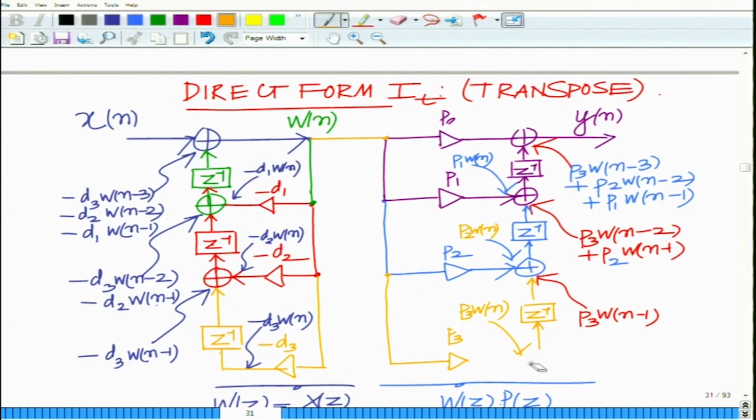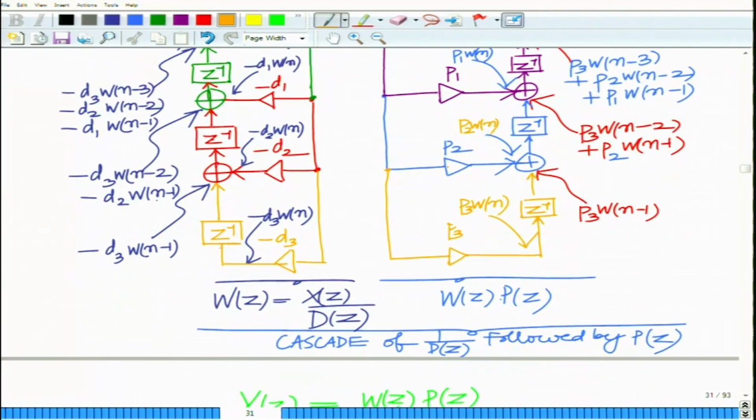So, you just join this here, and what you have is basically, you can see you have 6 delays and 3 adders, 3 adder elements.